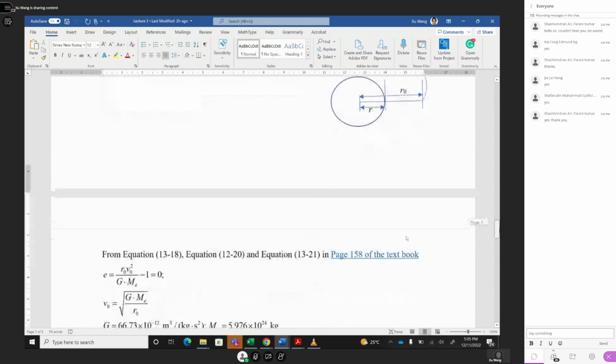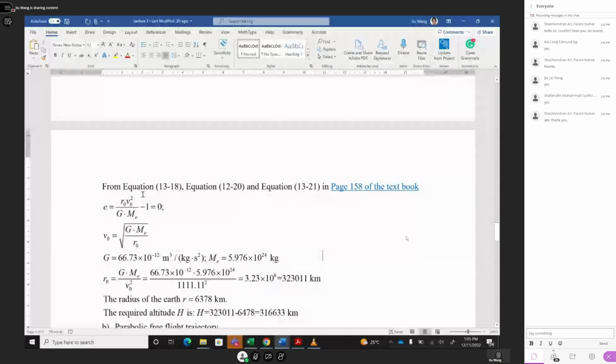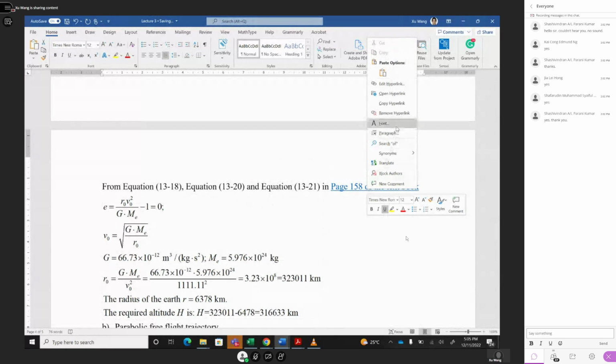So again, we go to the equation 13 to 18, or 12 to 20, or 13 to 21. I think 13, not 12, sorry. 32 to 1 in this page, which is this download.